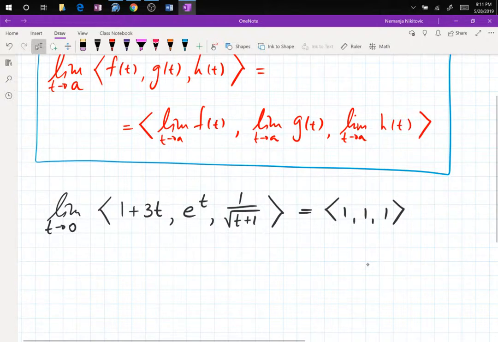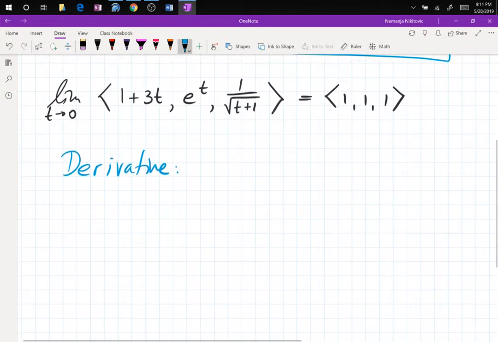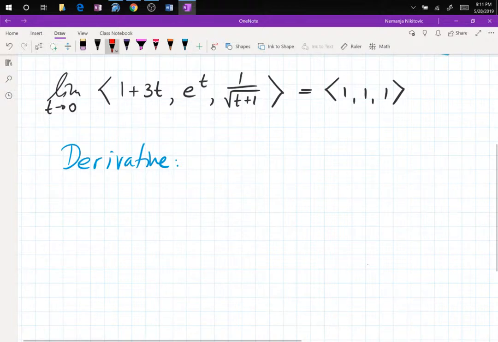Now, more interesting and more important than all of this is the derivative of a vector-valued function, which will give us eventually the tangent vector. That's the one we are going to use a lot, so make sure you know this one. Derivative, it's the same deal.